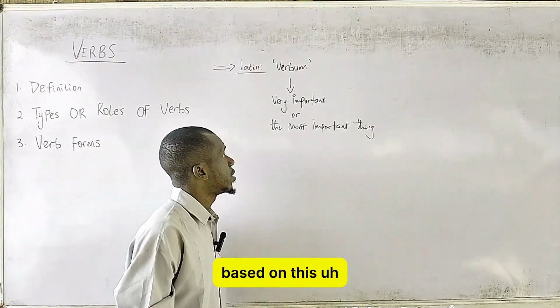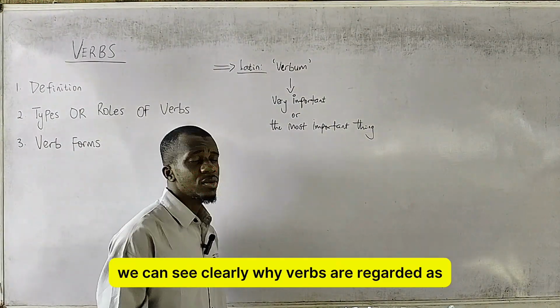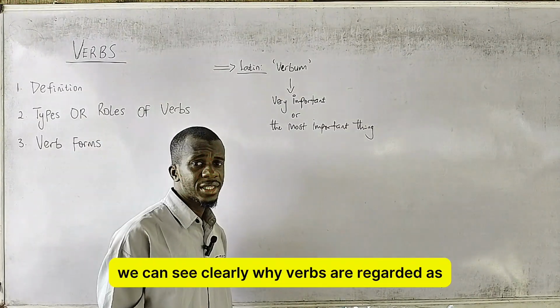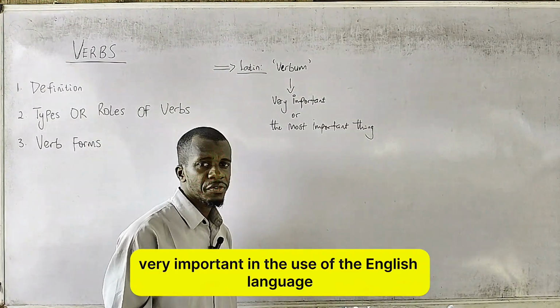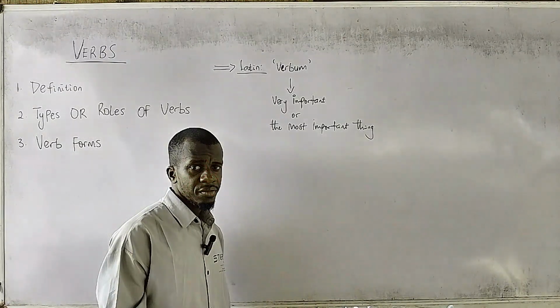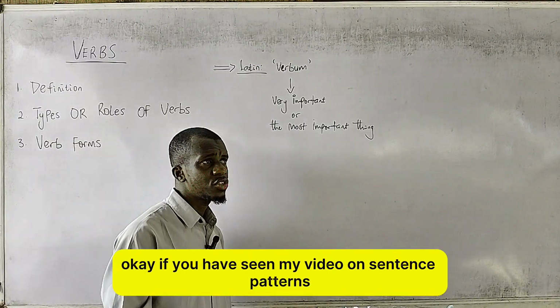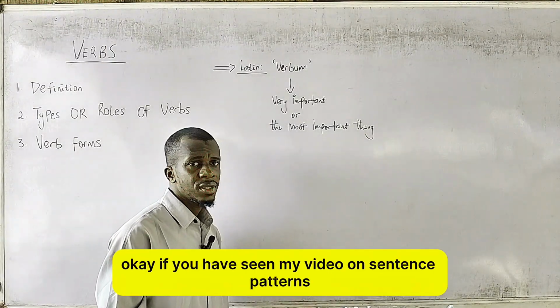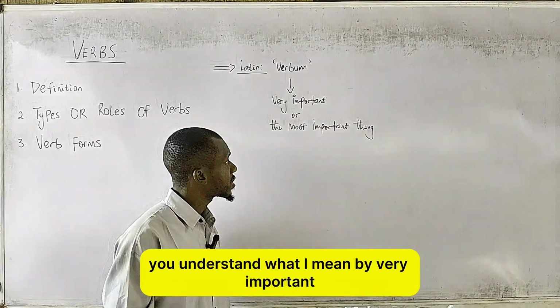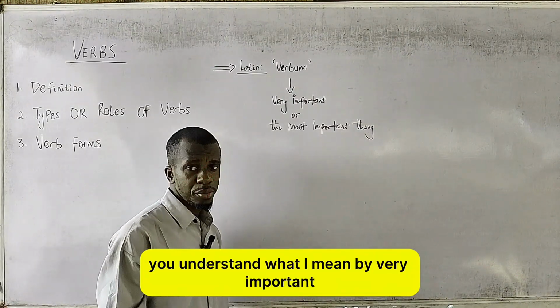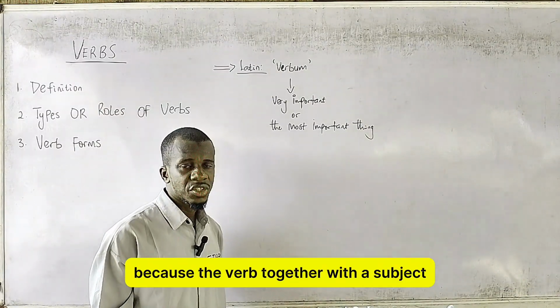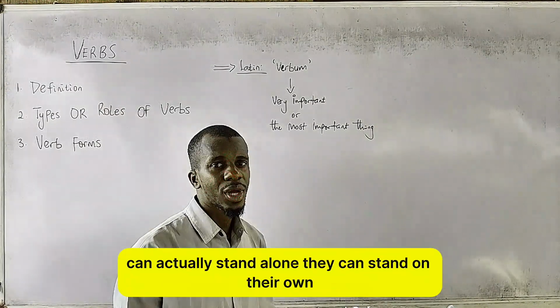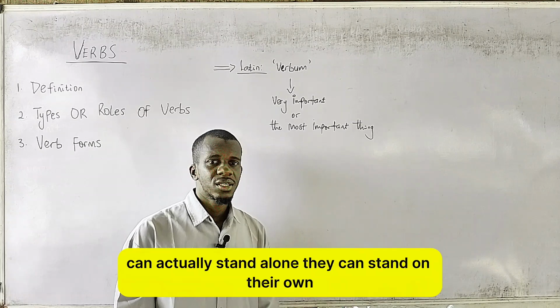Based on this, we can see clearly why verbs are regarded as very important in the use of the English language. If you have seen my video on sentence patterns, you will understand what I mean by very important, because the verb together with a subject can actually stand alone.